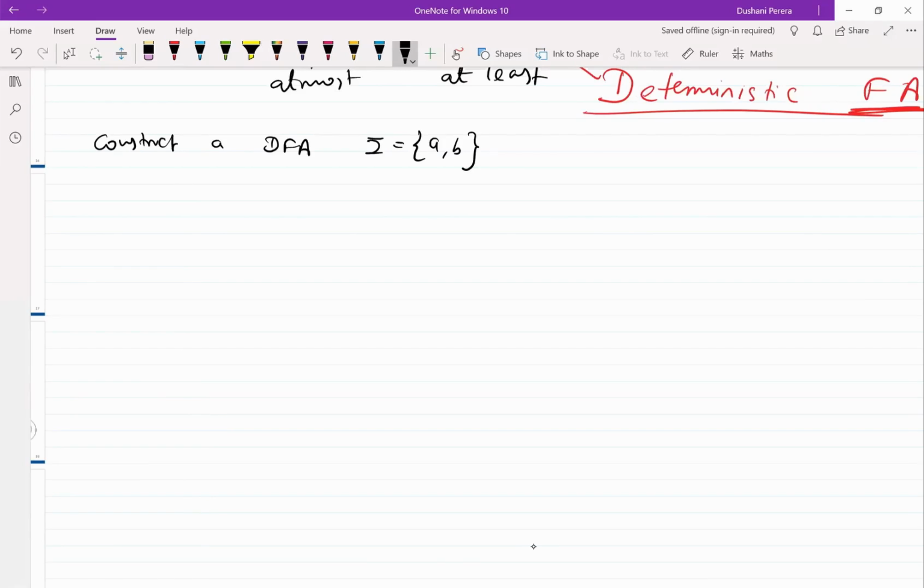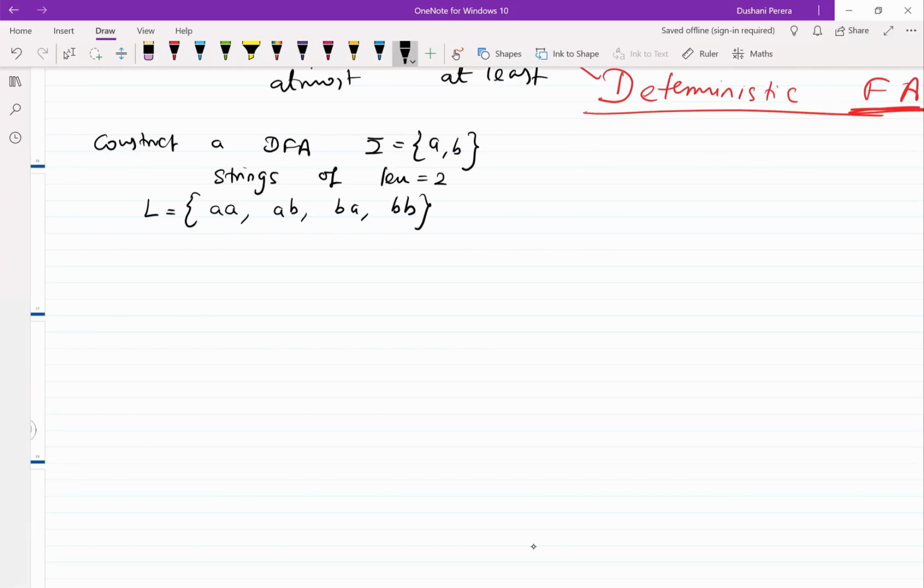And this DFA will accept the language where you have strings of length 2. Which means, if I write the language, what do we get? The AA, AB, BA, BB we've been talking about since earlier. This is going to be my language.